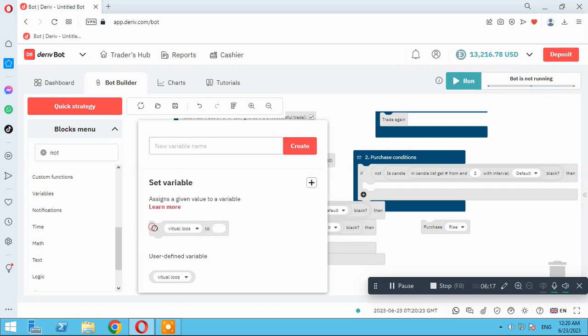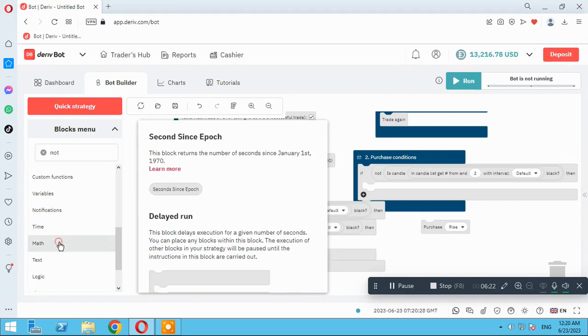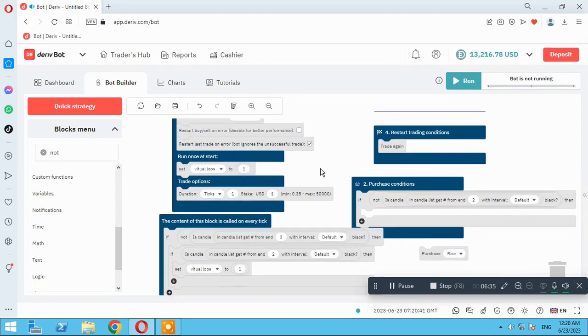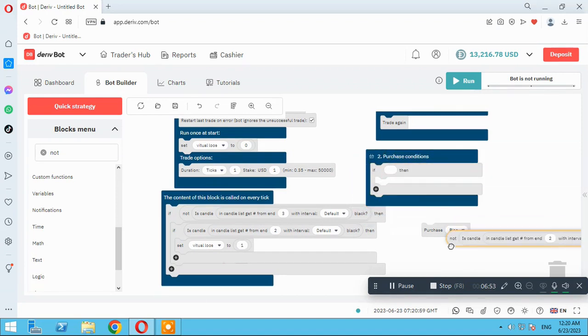Set virtual loss, for example, to 1, and I have to define it here, because at the time the bot starts we don't have any virtual loss, so I set it equal to 0, and here we have a virtual loss. Now we can use this one.